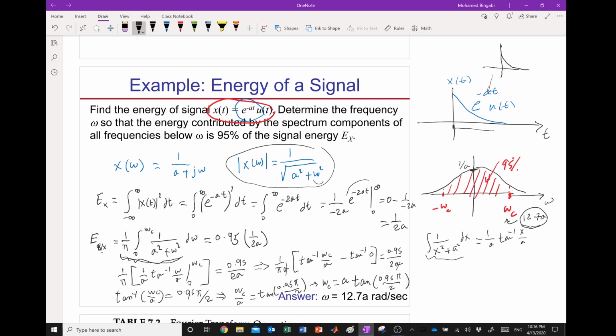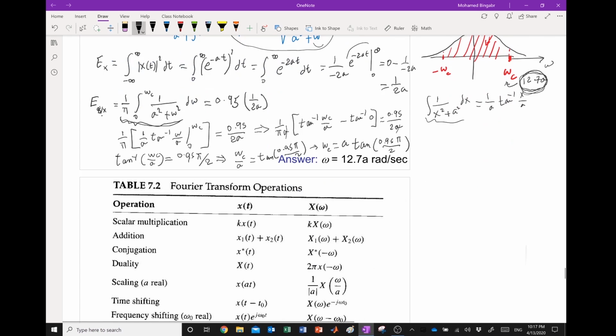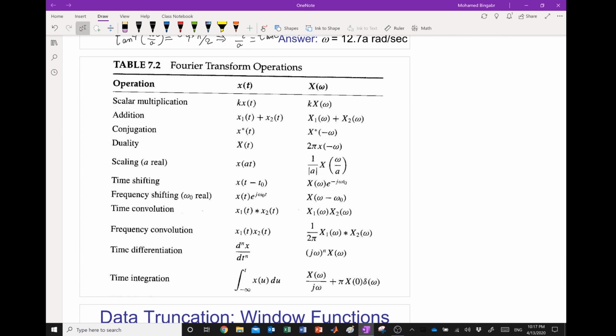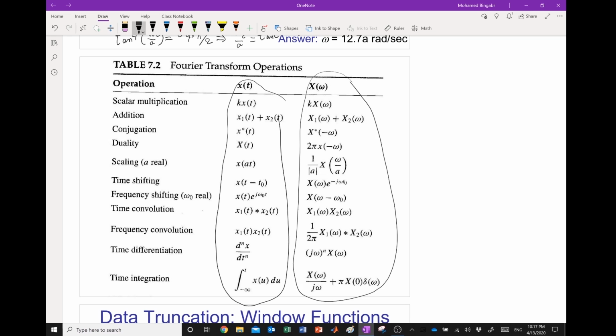A very fast decay means the frequency has to be large, because the rate of change depends on frequency. If the rate of change is very large, that means the signal changes very rapidly. It means it has high frequencies. We covered all these Fourier transform properties in the time domain and the corresponding properties in the frequency domain.